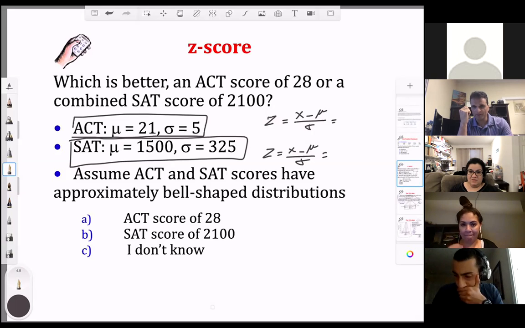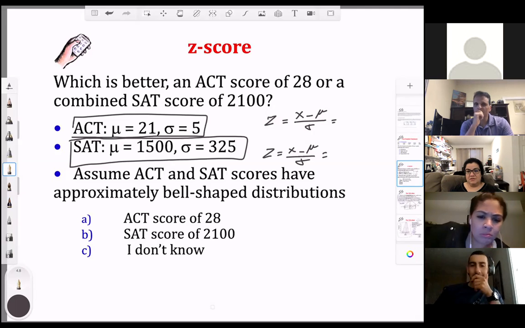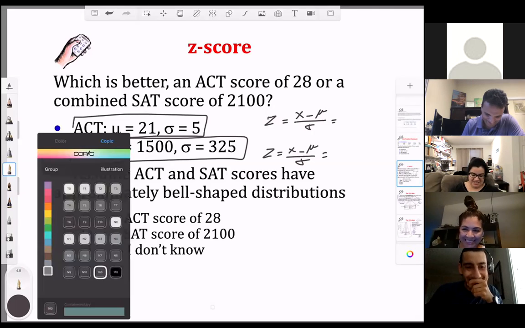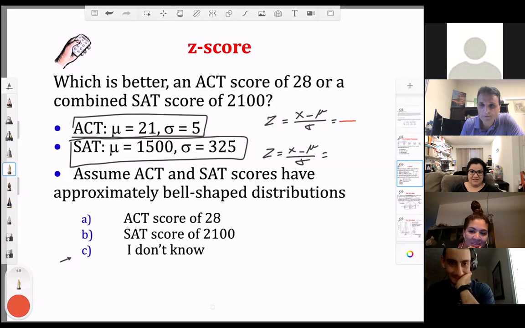That's how we start the class today. If we substitute, Musa, what do you get for the first one? I didn't answer it yet. Anybody solve for the first one? Is it 1.4? Yes.